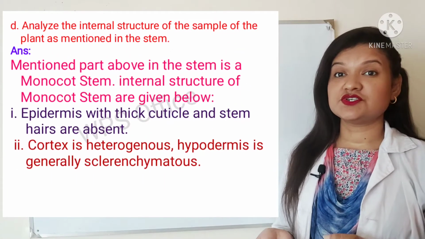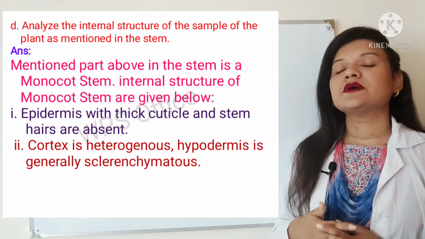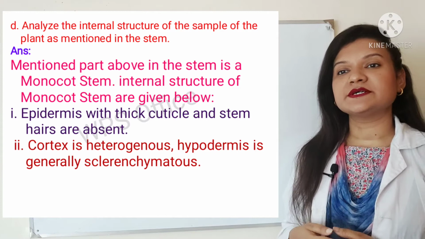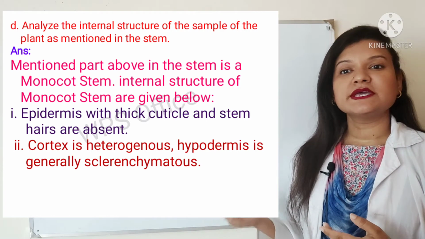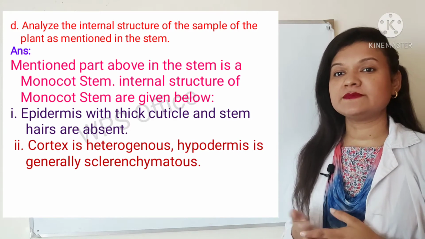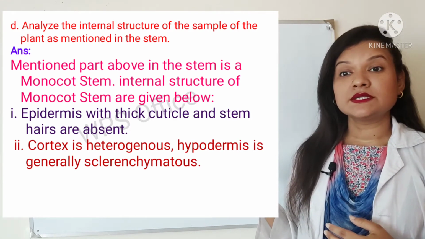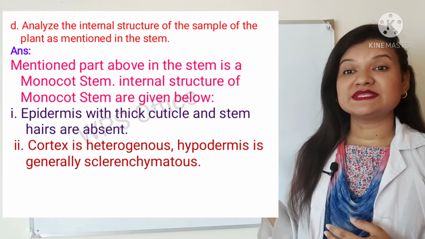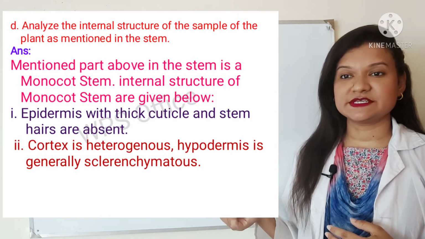Now, the internal structure of the sample of the plant as mentioned in the stem. So the answer will be: the part mentioned above in the stem is a monocot stem. The internal structure of monocot stem is given here. Number 1, epidermis with thick cuticle and stem hairs are present.